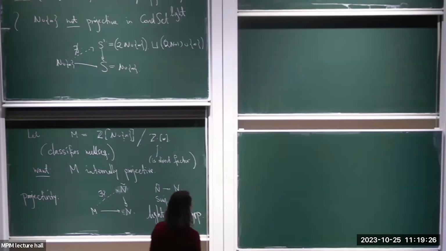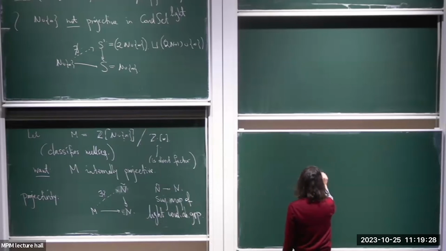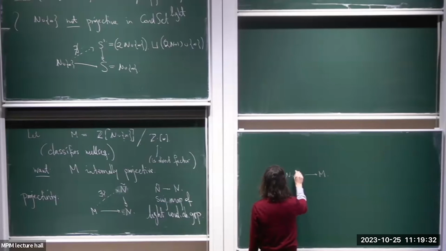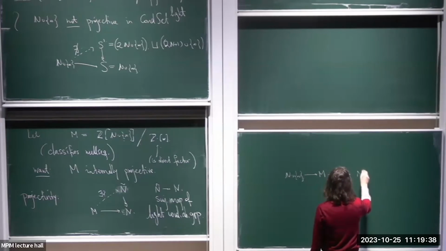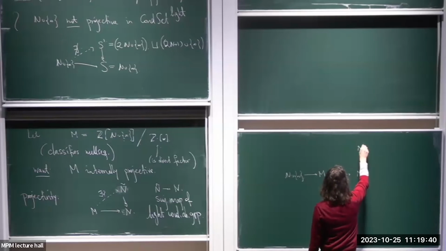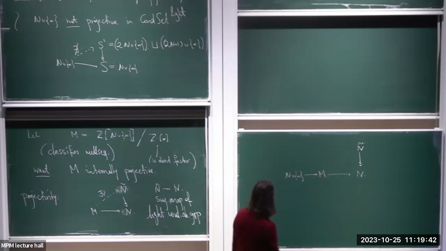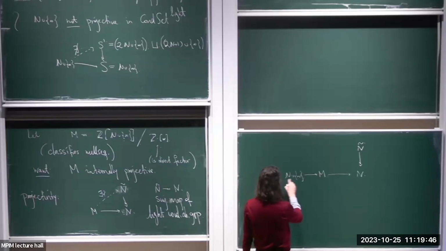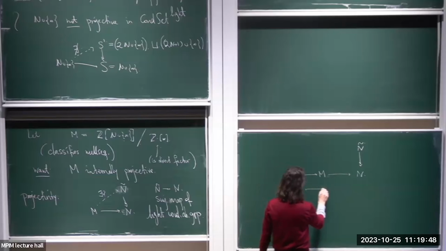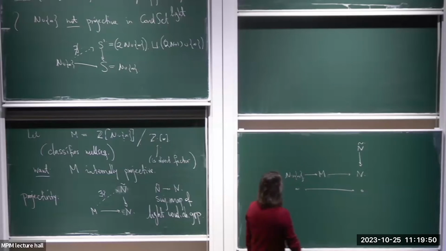All right, so let me draw the diagram again. So you have N union infinity here. It maps to N. We have N tilde here. So this maps, with the property that infinity goes to 0.